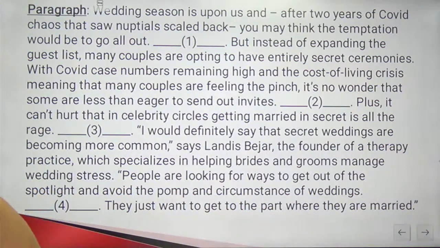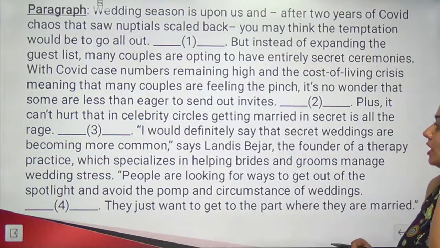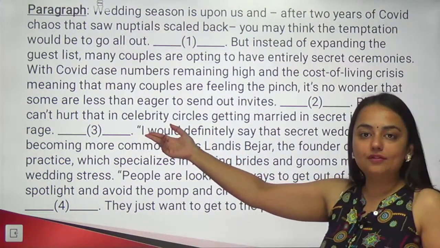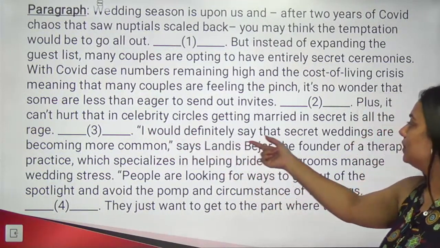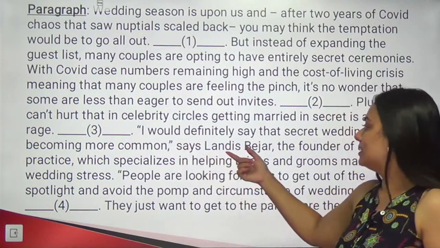So let's see. Okay, Ayush is saying it's the fourth blank. Stuti is also here. Let's see, Stuti, if you can guess the right blank for this one. So there is a third blank after this line. I would definitely say that secret weddings are becoming more common, says this person.